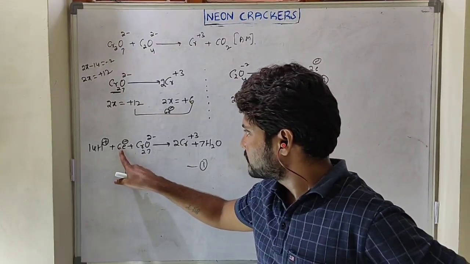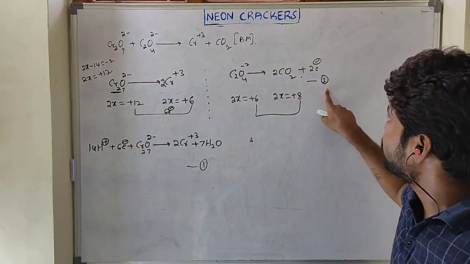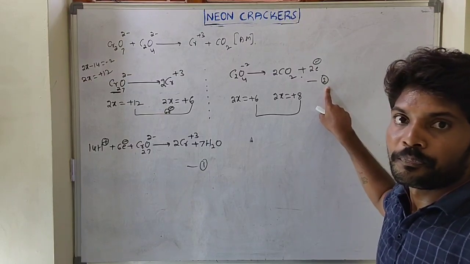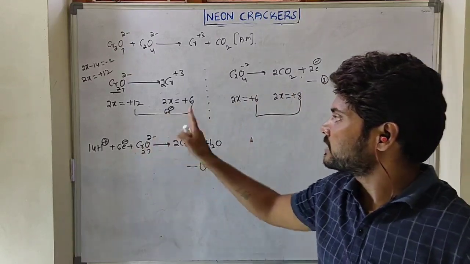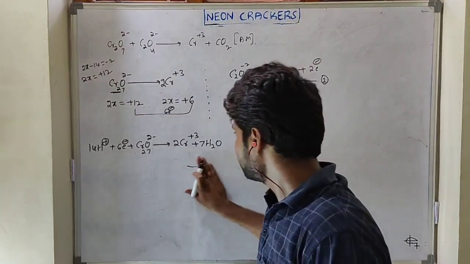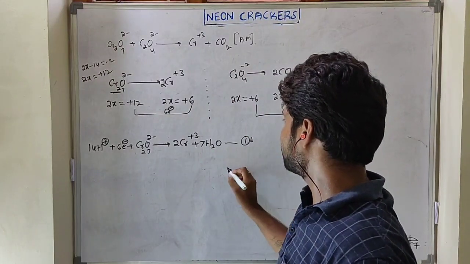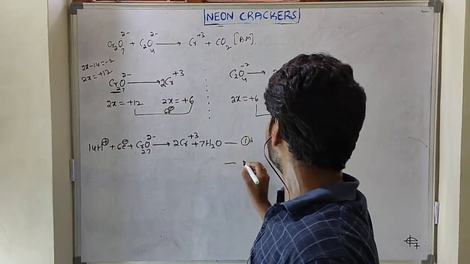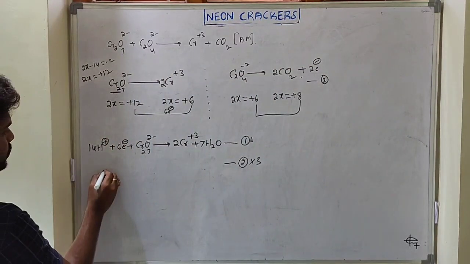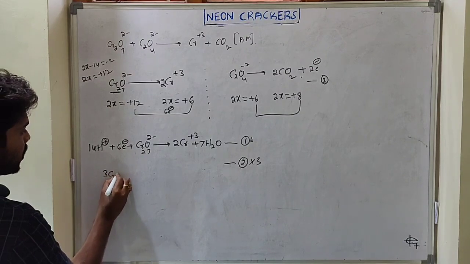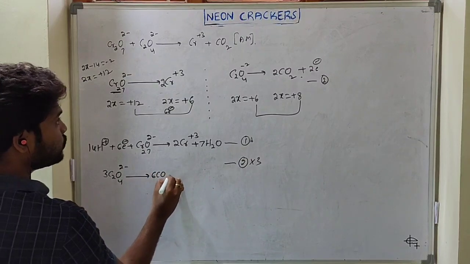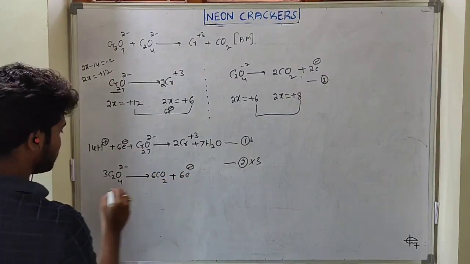In the first equation we have 6 electrons, in the second equation we have 2 electrons. If the second equation is multiplied by 3, we get 6 electrons, so the 6 electrons cancel each other. So I am writing the first equation directly here, and the second equation multiplied by 3: 3 oxalate giving 6 CO2 plus 6 electrons.